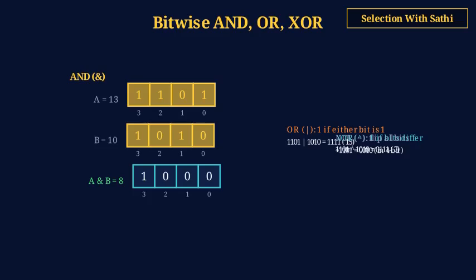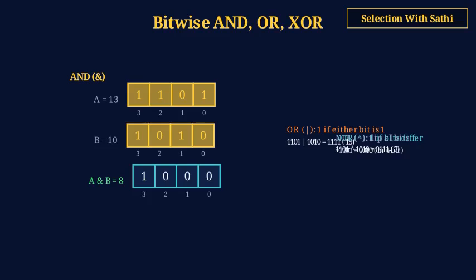OR: 1100 OR 1010 gives 1110, which is 14. A bit is 1 if either input is 1. XOR: 1100 XOR 1010 gives 0110, which is 6. A bit is 1 only when the inputs differ.